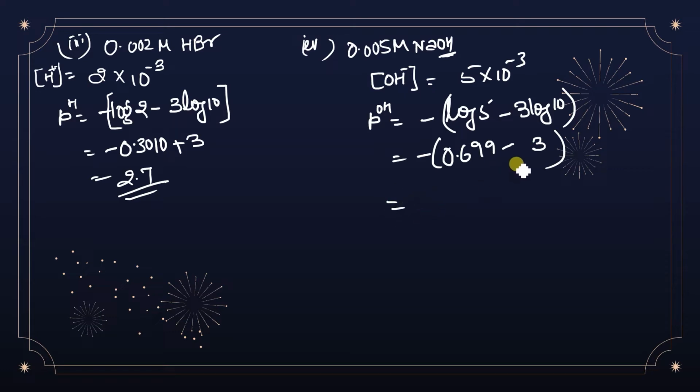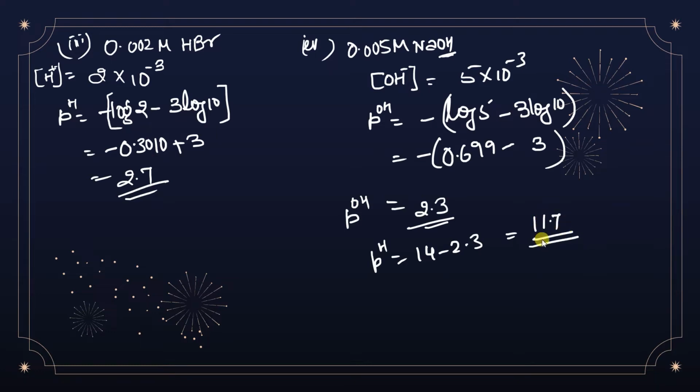So you just solve it and you will get around 2.3. So that is the pOH. So pH will be 14 minus 2.3. I'm not writing the exact value, this is approximate. So the answer will be 11.7. This is the pH for 0.005 m NaOH.